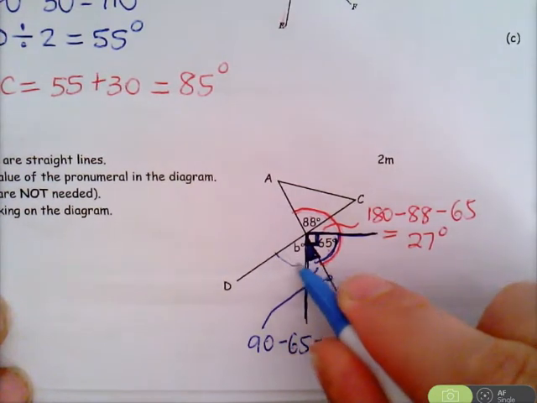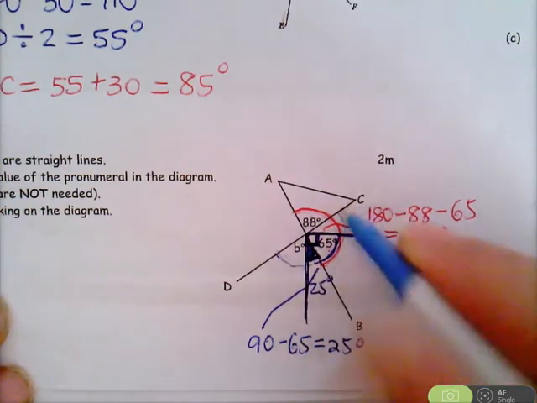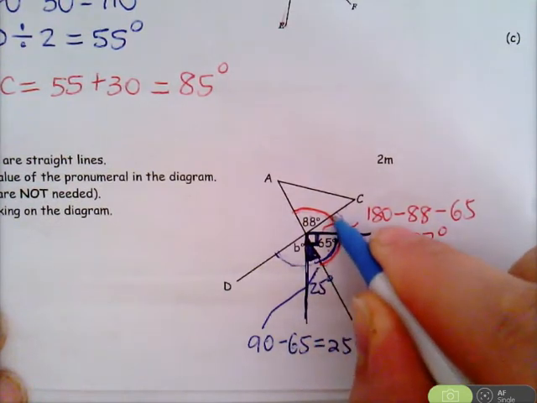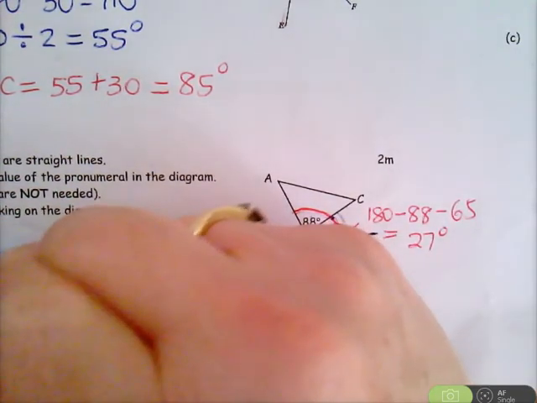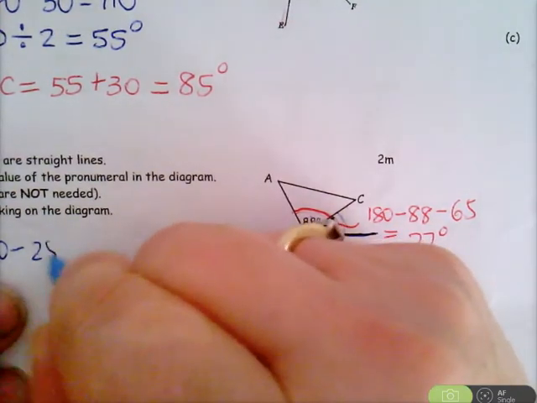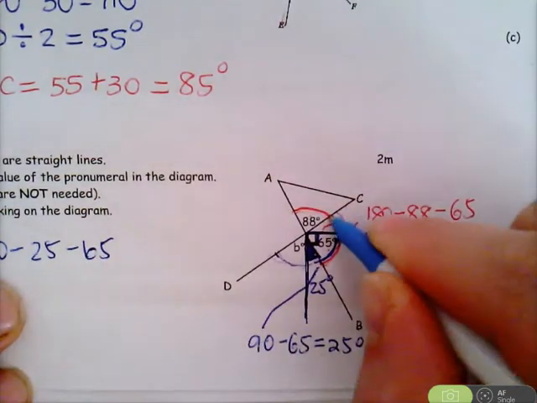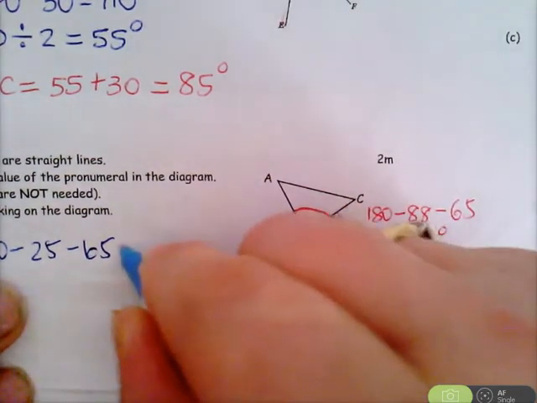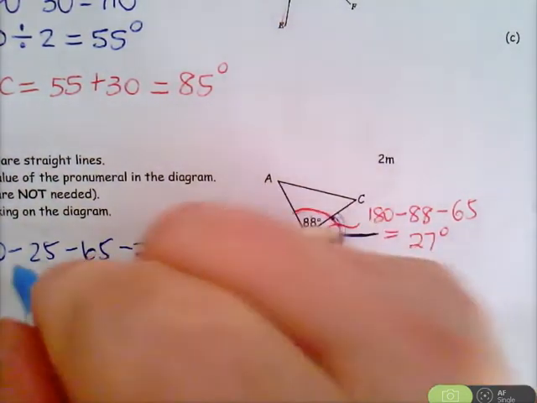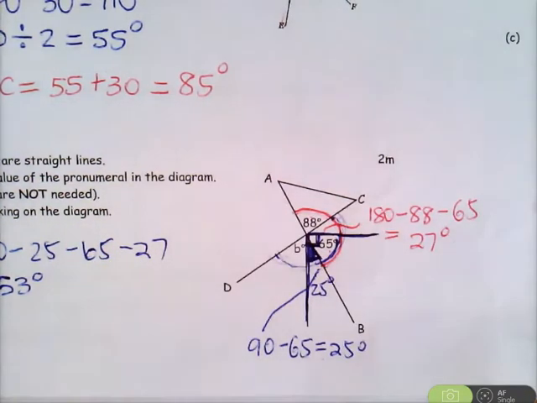Now B and all of this plus that little bit there makes up a straight line. Girls, this is quite tricky. Because they all make up a straight line from B all the way across, B is 180 minus, I've got to take away the 25, then that bit, and then this little red bit, which is 27, and the answer that I will get is 53 degrees.